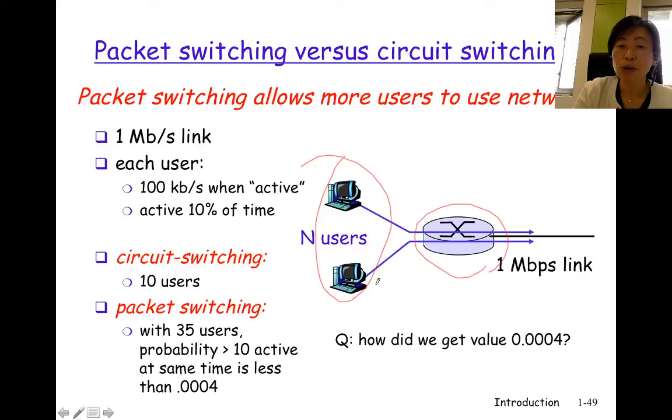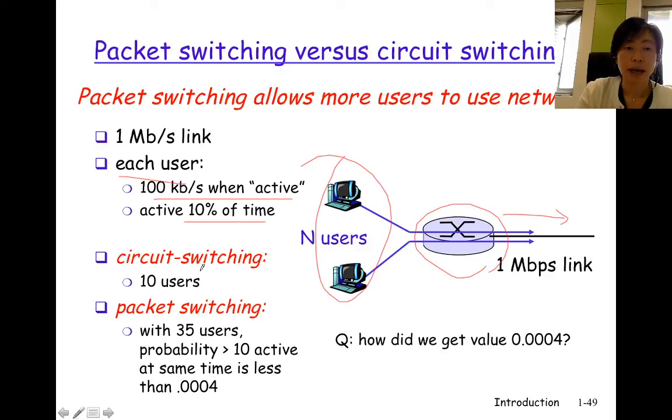End users will need to compete to send data over a 1 megabits per second link out. The assumption here is each user will be active only 10% of the time, but when they're active, they'll be sending data out at 100 kilobits per second.